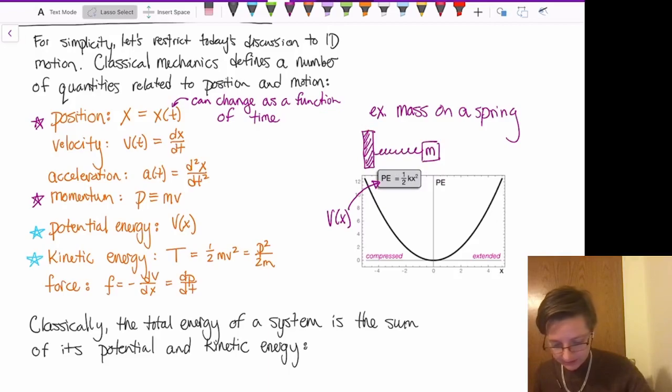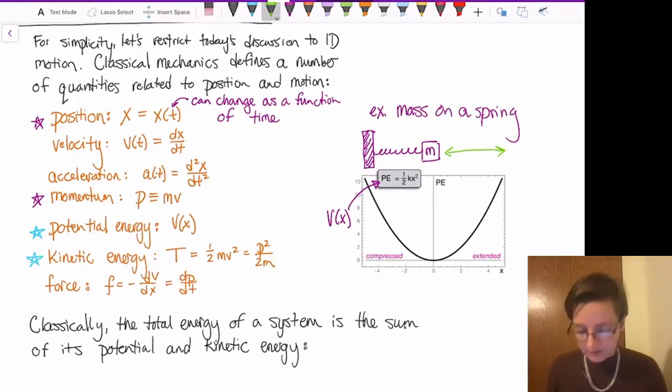As a function of x, our particle is at the position x equals 0, and I've tried to line up our graph and our little drawing. So this mass can move back and forwards as we pull or push on the spring.